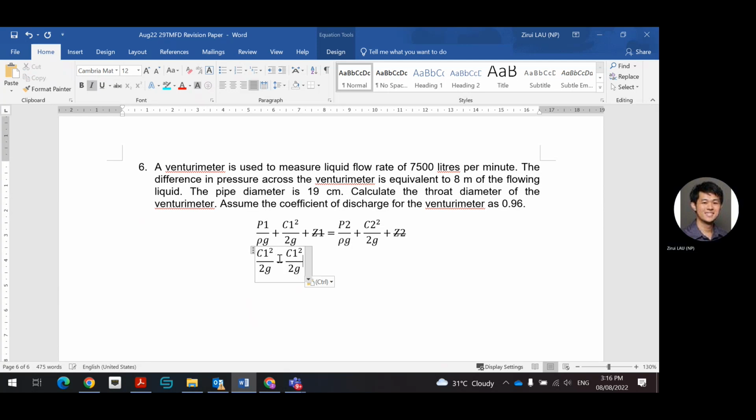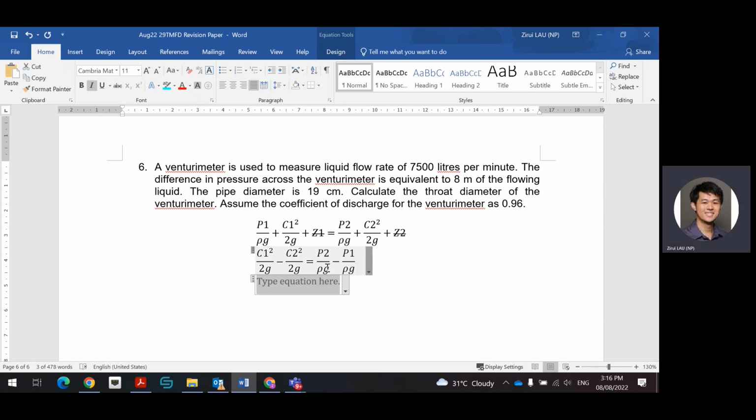So C1 minus C2 equals to... I'm going to do some manipulation.